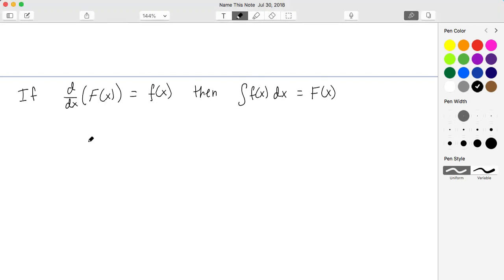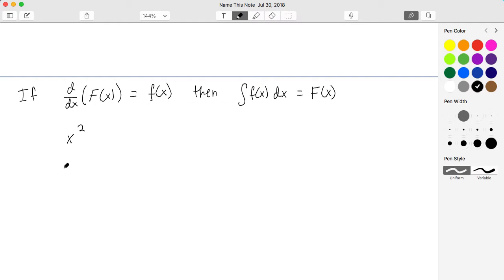One example that can easily show this relationship is, let's take a look at what the derivative of x squared is. We know by what we've learned that the derivative of x squared is equal to 2x.